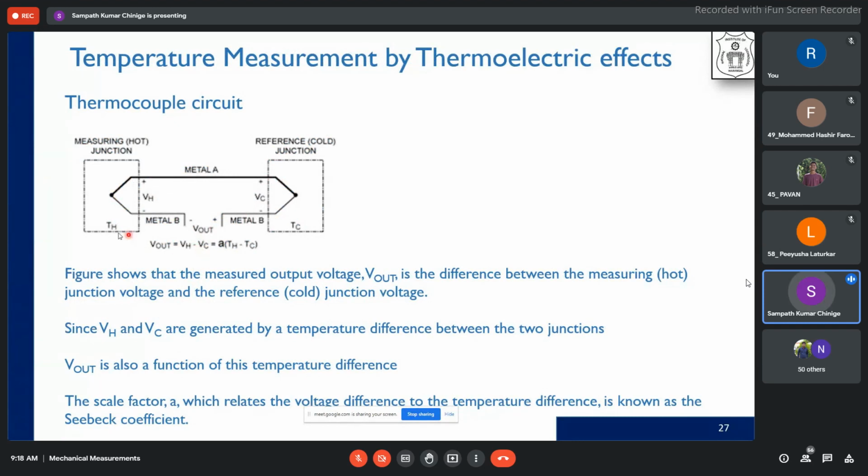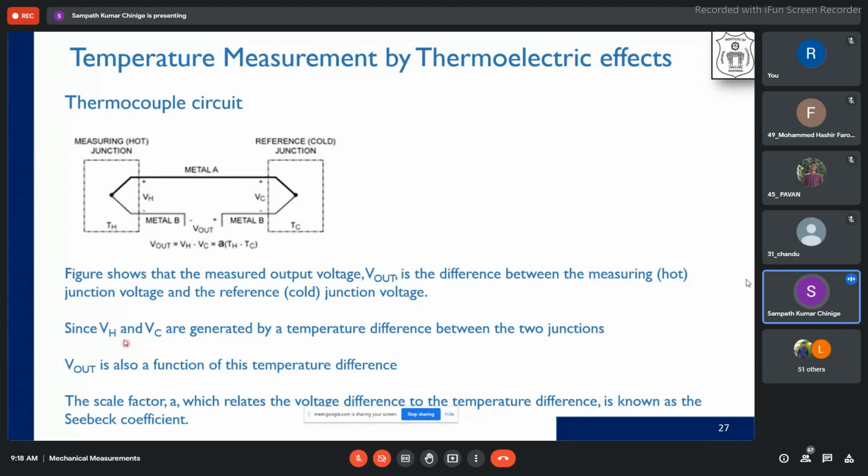What is happening here is that we are not closing the circuit, but we are putting in a voltmeter to find out the voltage difference. That is what we are trying to find. We are trying to measure the output voltage, which is another way of saying the difference between the hot and the cold junctions.